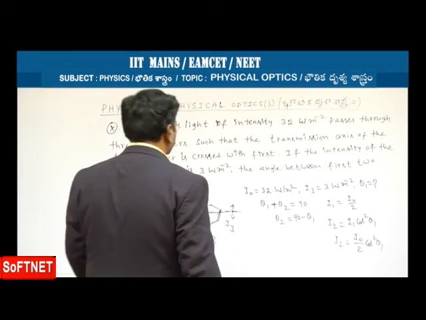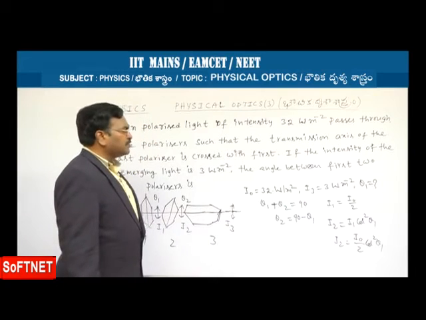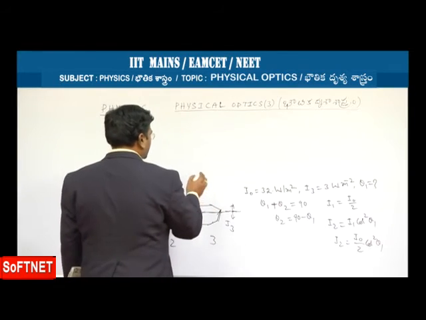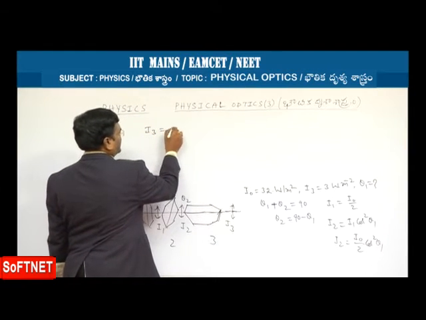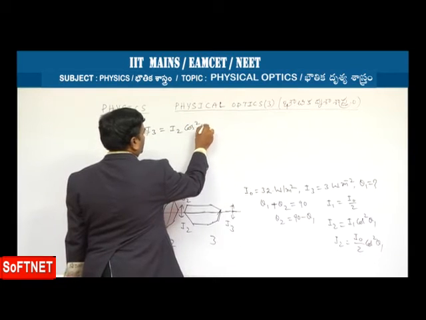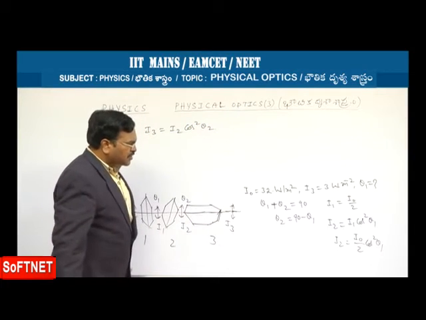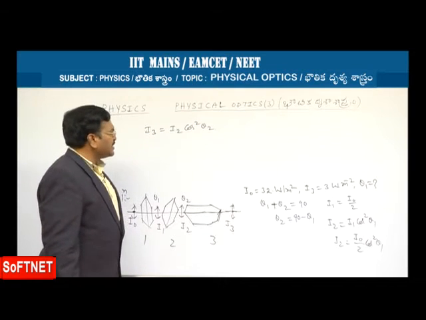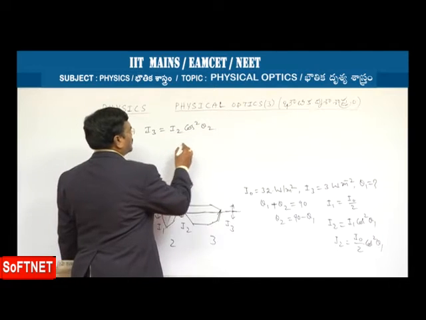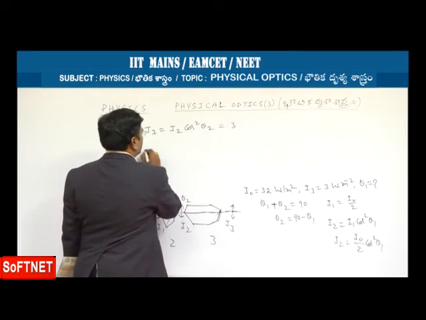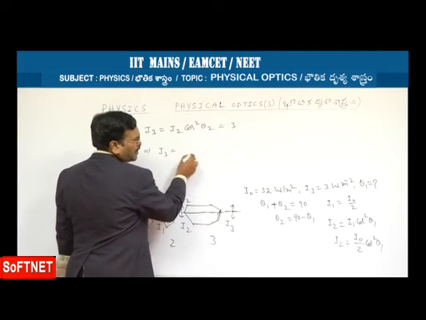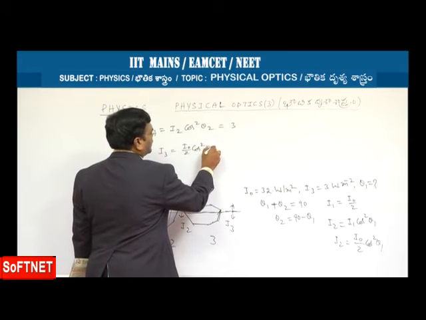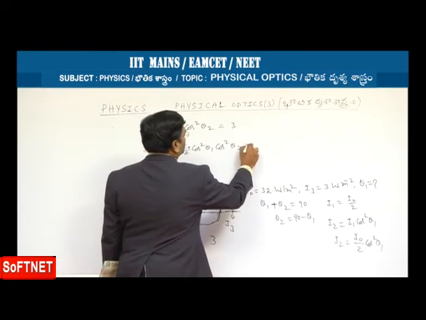Now we know the I2 value, and I3 is 3. I3 is equal to I2 cos square theta 2, and according to the question I3 is 3. So I naught by 2 cos square theta 1 into cos square theta 2 is equal to 3.